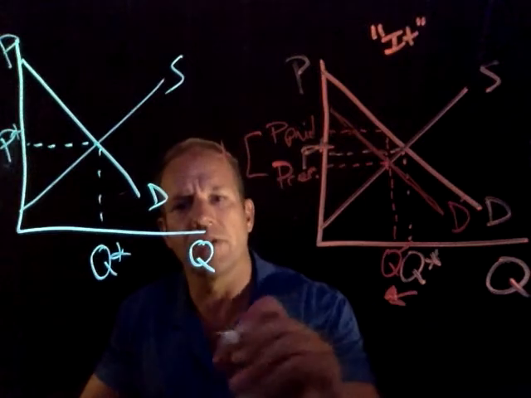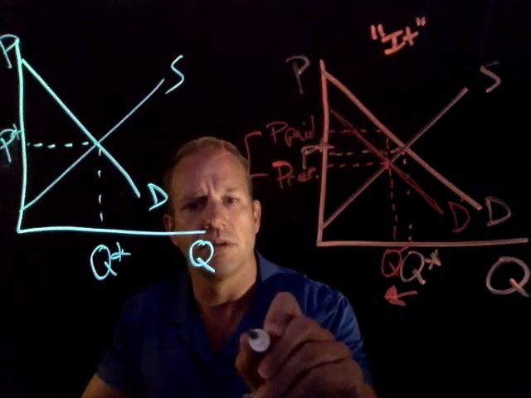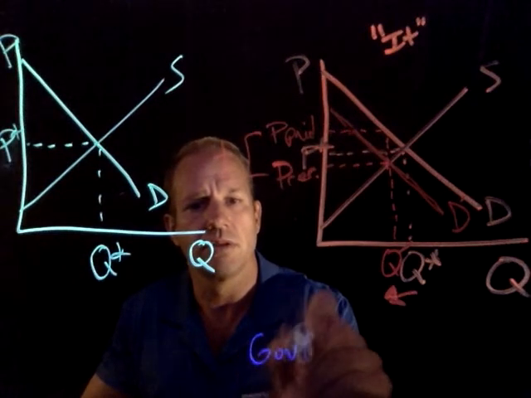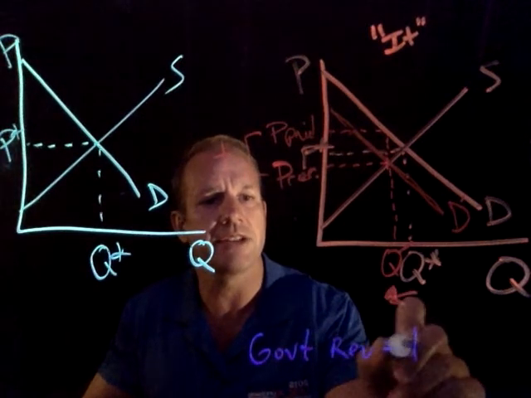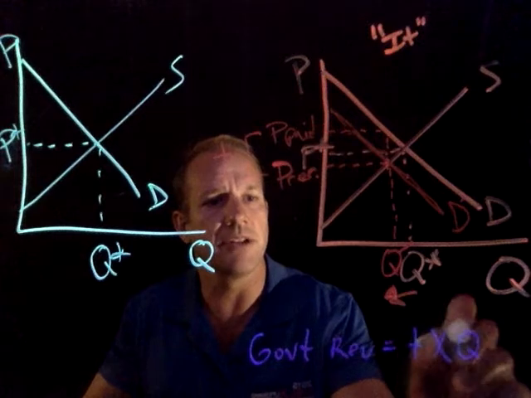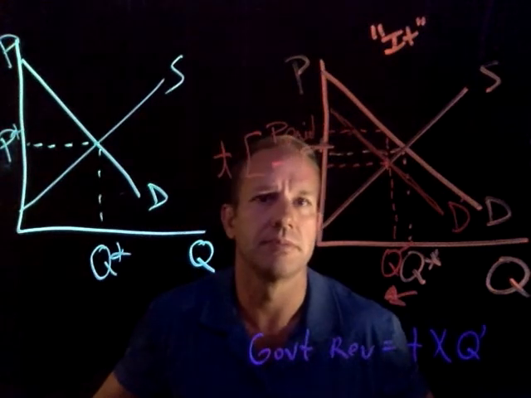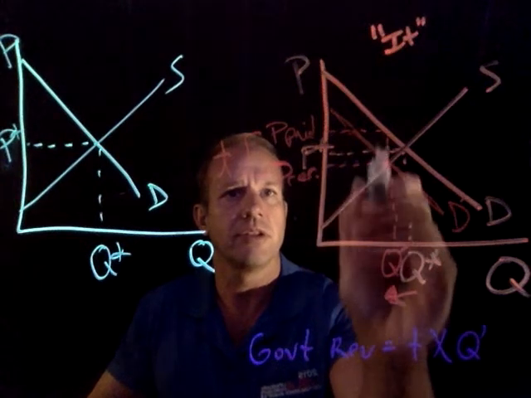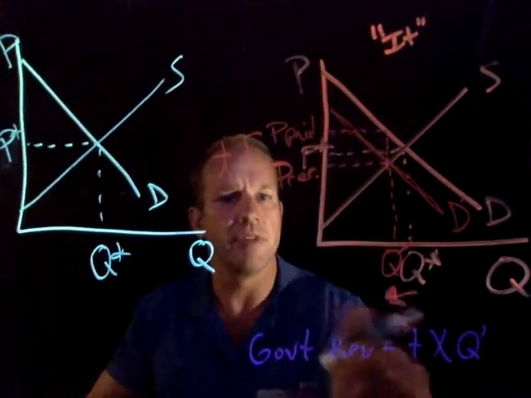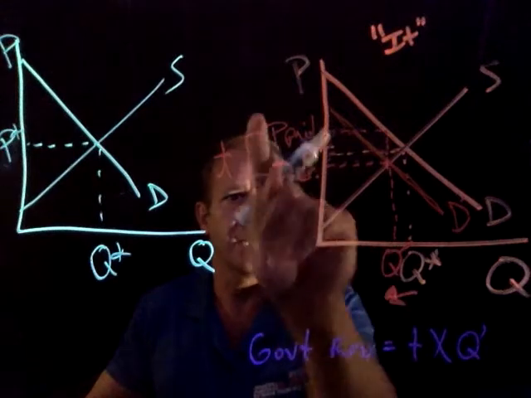So government revenue is equal to the tax times the amount that actually gets sold. So that is a rectangle right here. That's a base and that's a height.